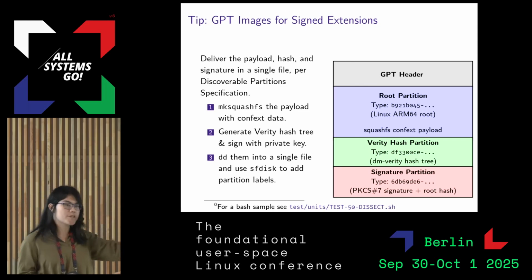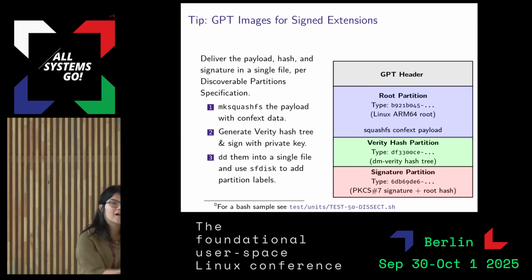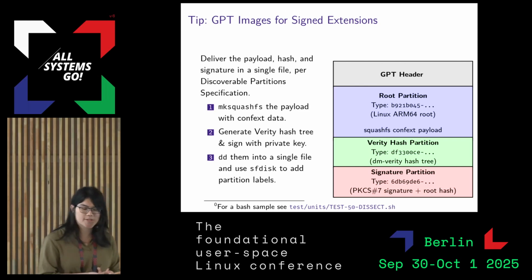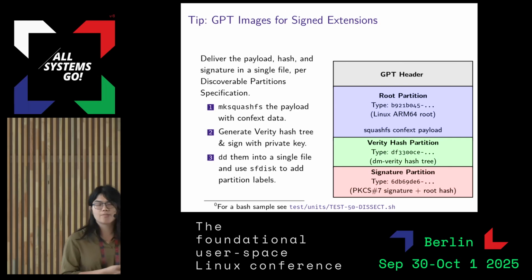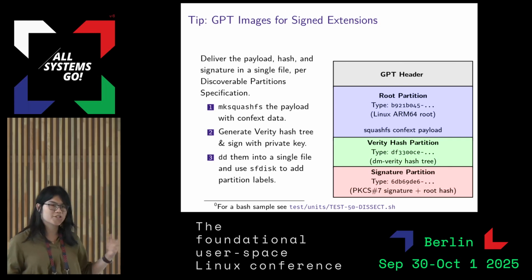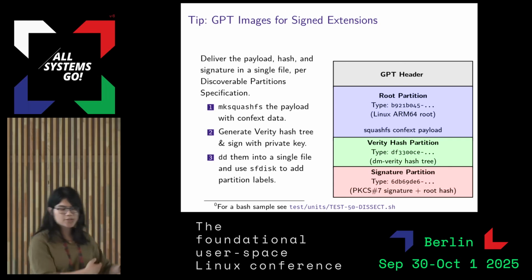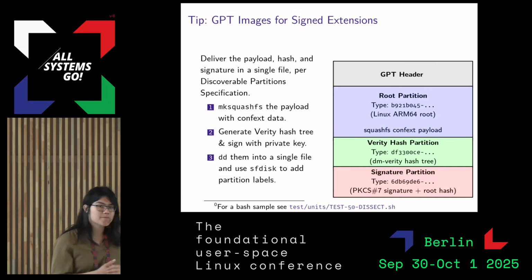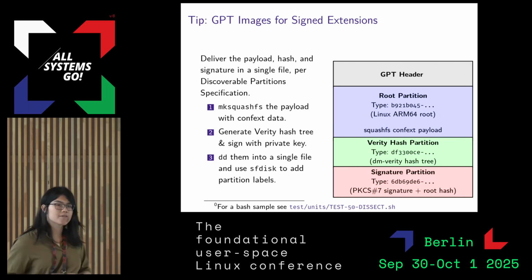What this basically means is that for all of the files that you have to carry for verification purposes, you just DD them into a single image. So you make the fs payload as we previously showed. You generate some extra hashes and signatures, and then you just DD them into a single file, and you basically add partition labels to them. So later on, the system will be able to tell which part is which.